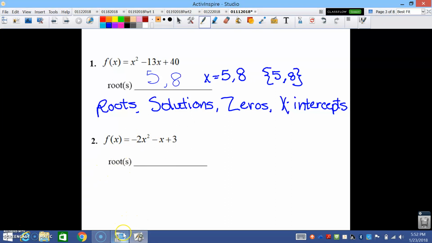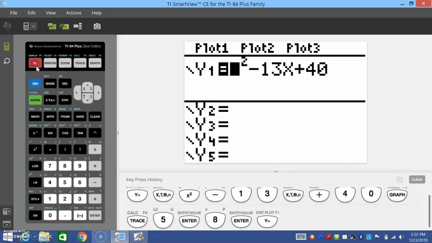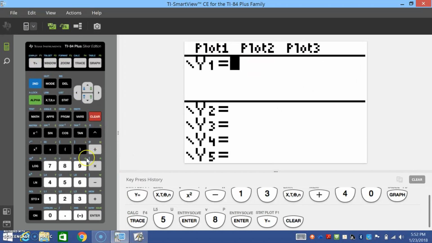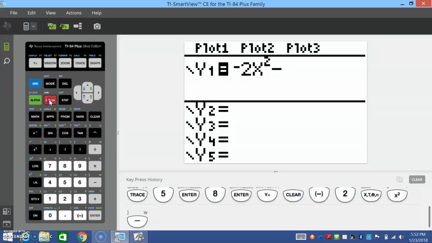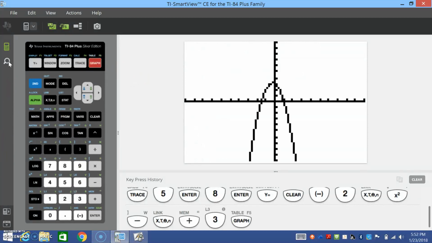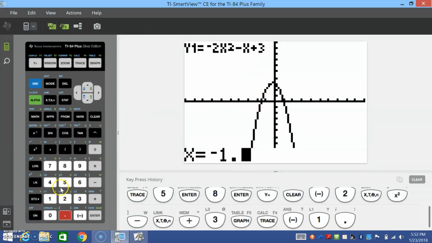Again, we go to our calculator, go to y equals, clear it, and we have negative 2x squared minus x plus 3, and graph. And so we get this. After graph we press trace, and we see it's not negative 1 and not negative 2, so let me try negative 1.5, and enter.